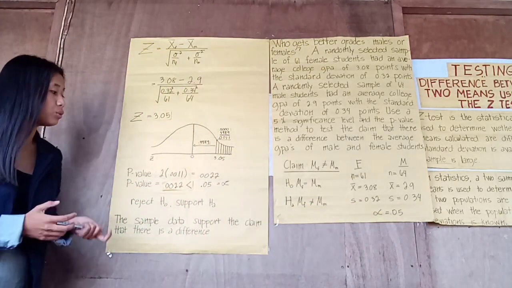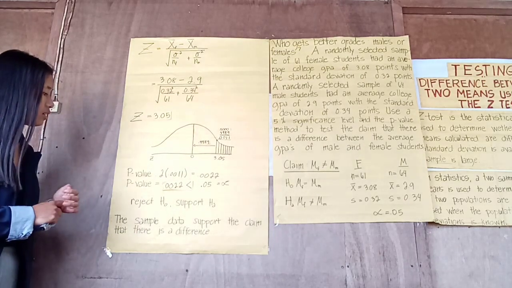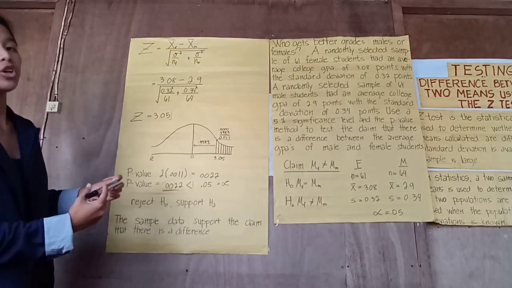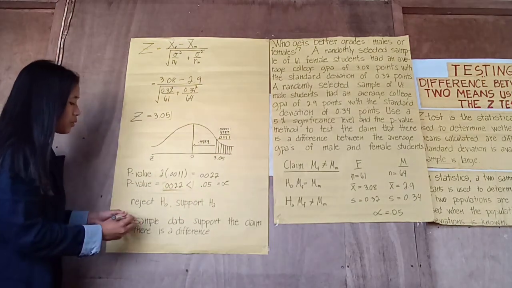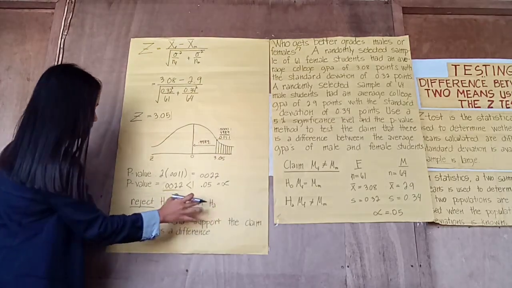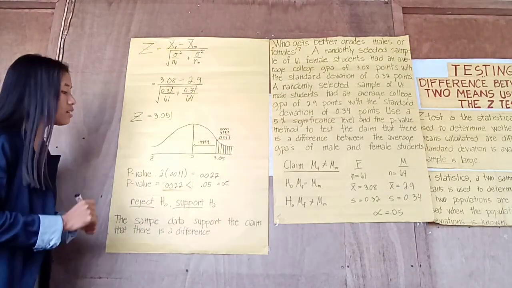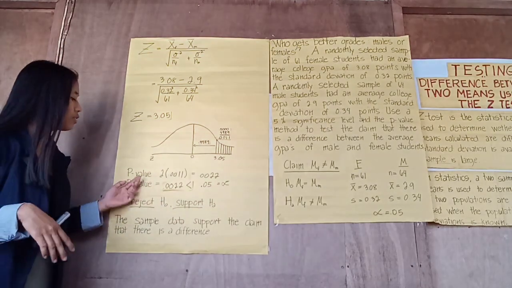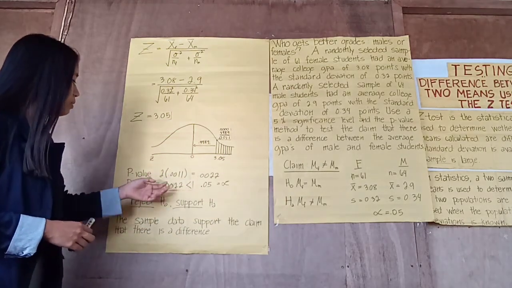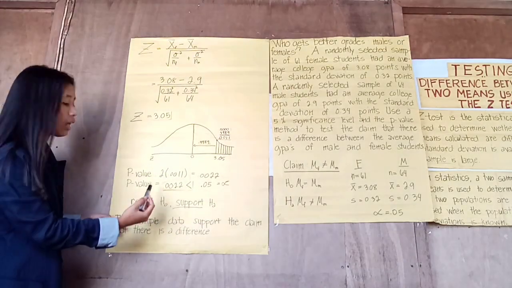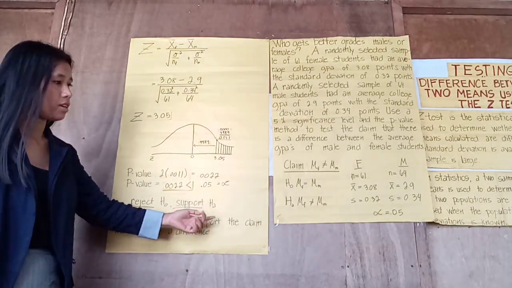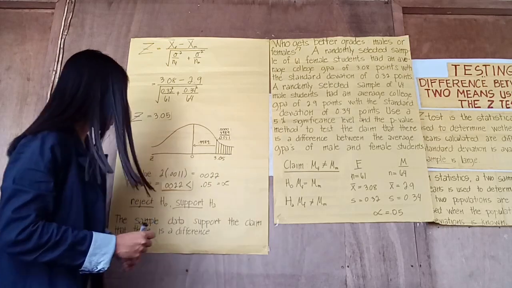And with that, we have a rule that if our P value is less than our alpha, we're going to reject H0 and support HA. Okay? There's a rule that if our P value is less than our alpha, which is the significance level, we're going to reject our H0 and then support our HA, which is our claim.